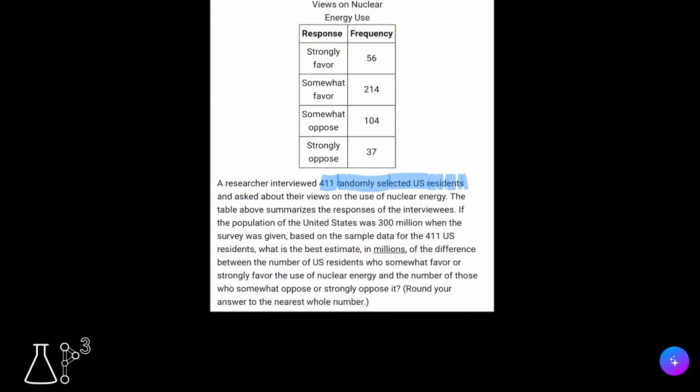Looking at the answers, the best estimate in millions is going to be based on the sample: the difference between the U.S. residents who somewhat favor or strongly favor nuclear energy, subtracted by the number of those who somewhat oppose or strongly oppose it. So we combine the ones who favor, subtract the ones opposed, divide by 411 to figure out the best estimation, and then multiply by 300 million, and that's going to give us our answer.